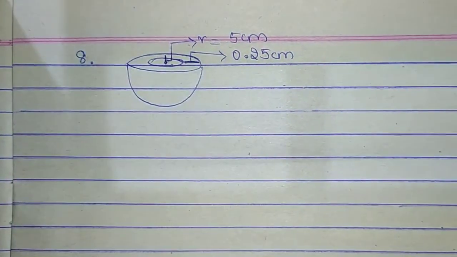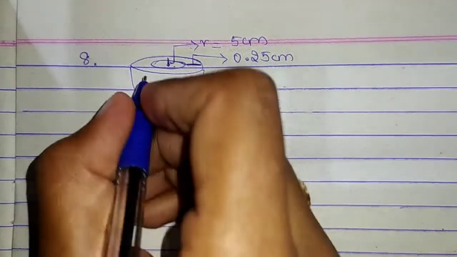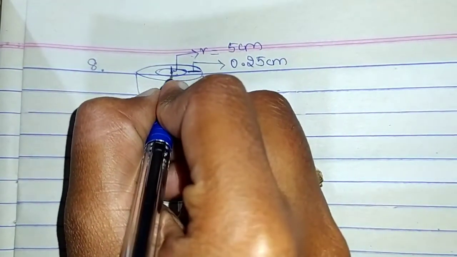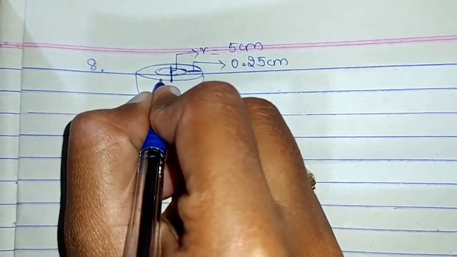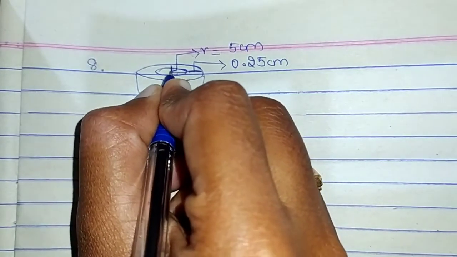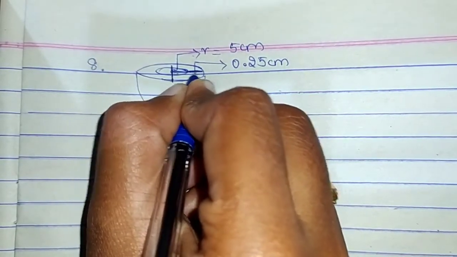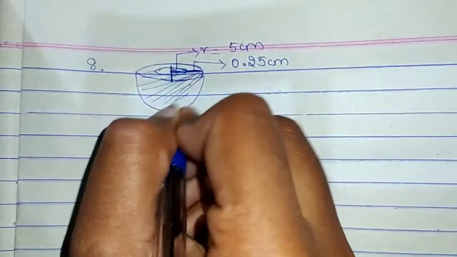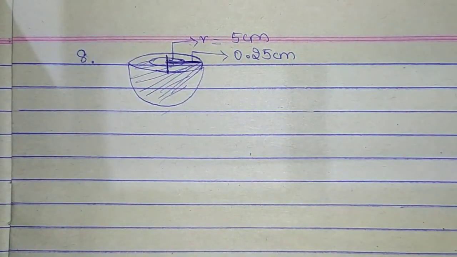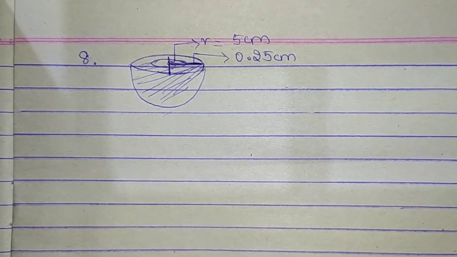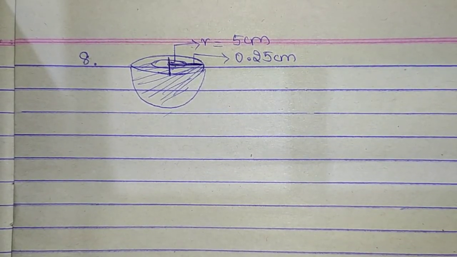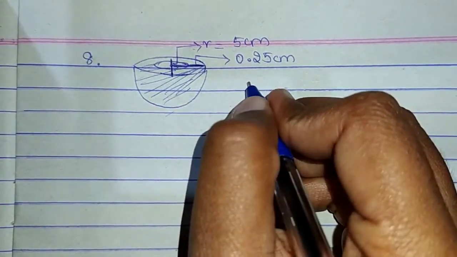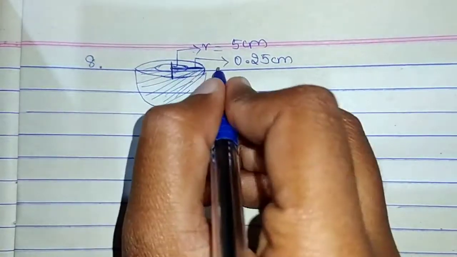So our job is to find the outer curved surface area, that is from here to here, the area which is formed by this radius, this outer area. To find the outer curved surface area, we will have to find the outer radius or the total radius of the bowl.